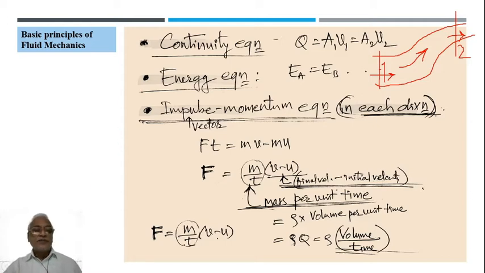Okay, next equation that we have is the conservation of energy principle. The total energy at section A here is equal to total energy at section B. Of course, there is an assumption behind this that the fluid is an ideal fluid.